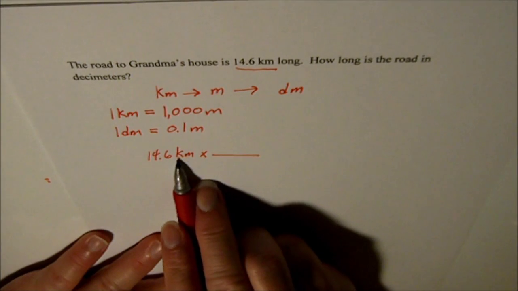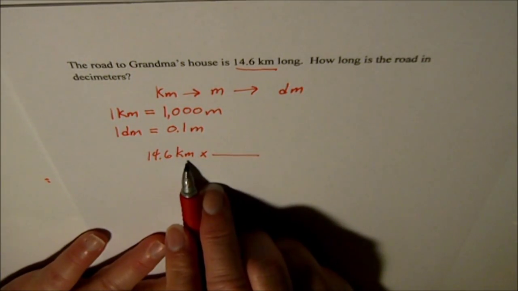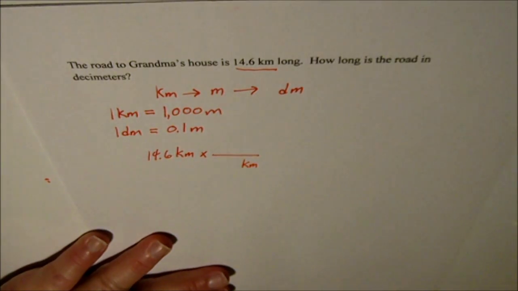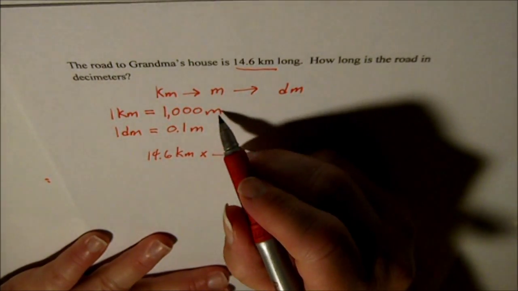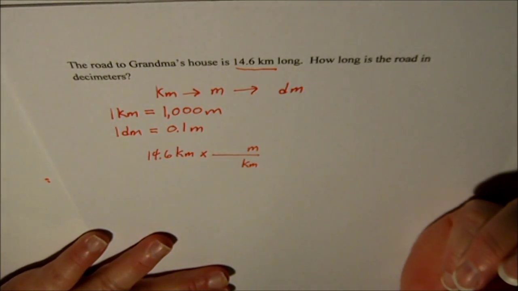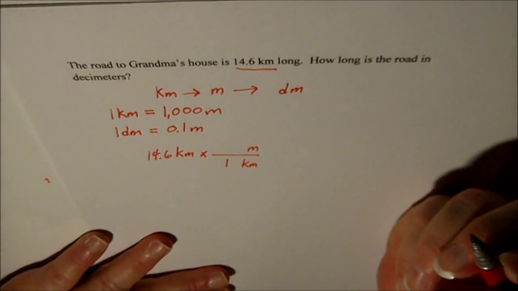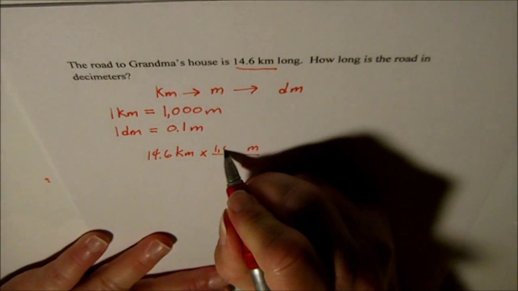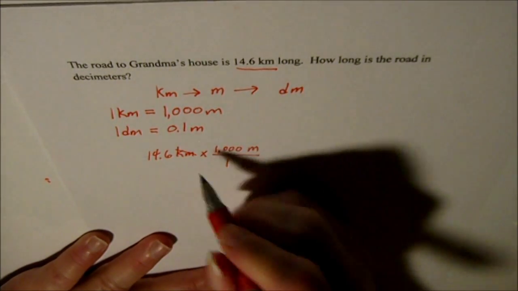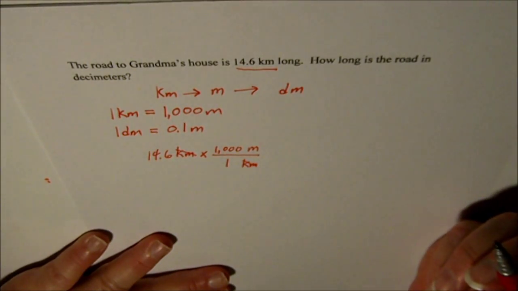Since kilometers is on the numerator side, we're going to put kilometers on the denominator. Then, since our definition goes to meters, we put meters on top. So 1 kilometer is 1,000 meters, like this. Kilometers will cancel. All right?